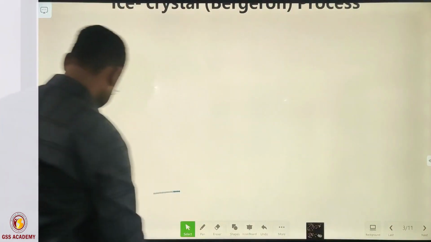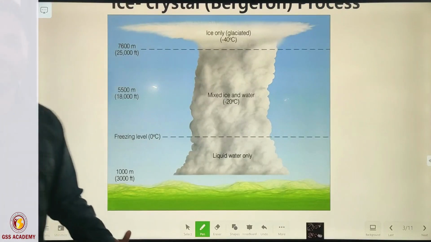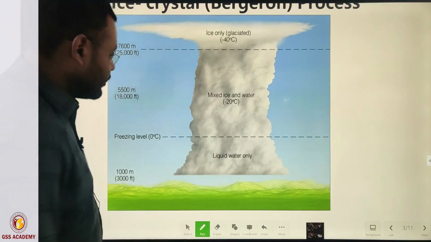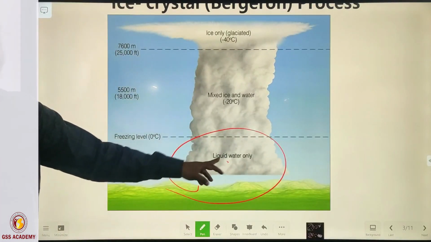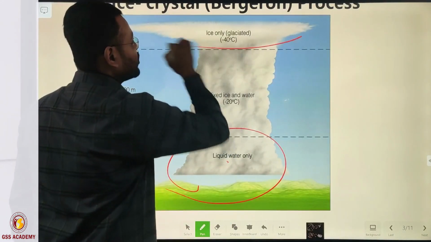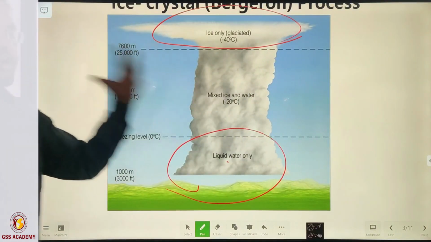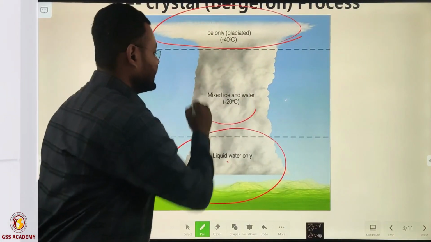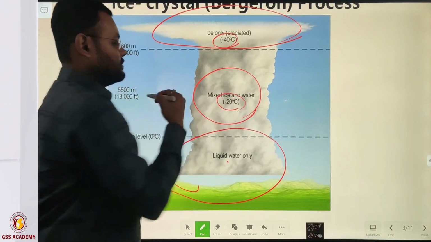In this figure, you can see the distribution of liquid water and ice in a cloud. At the base part of the cloud, we will find only liquid water, whereas in the topmost part of the cloud, we will get only ice, whereas in the middle part we will get a mixture of ice and water. Look at the temperature.